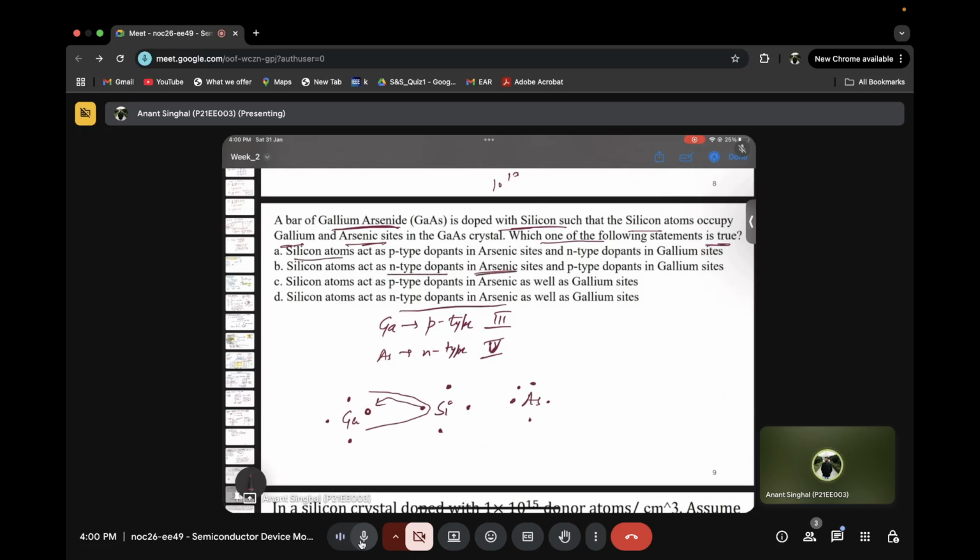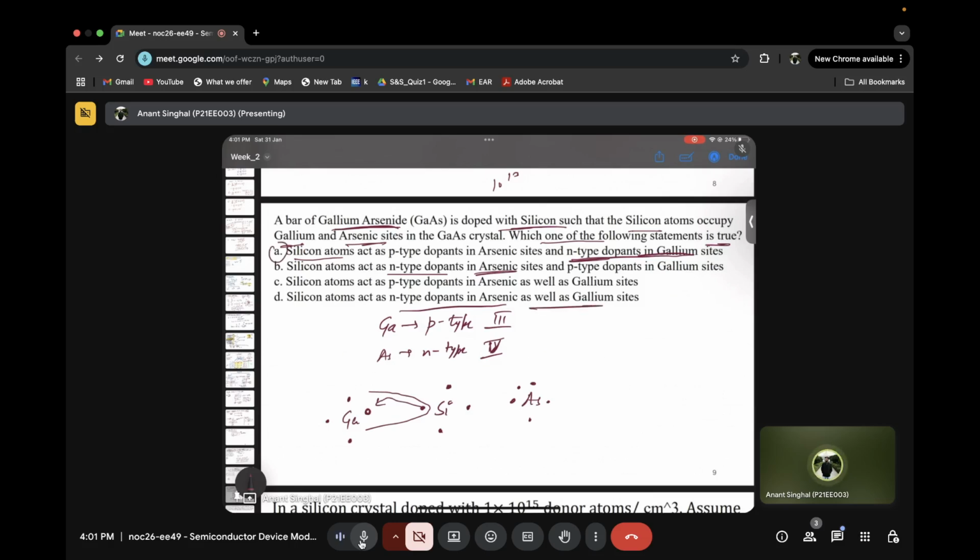So there are two options. Let me clarify this. For gallium, it is n-type.